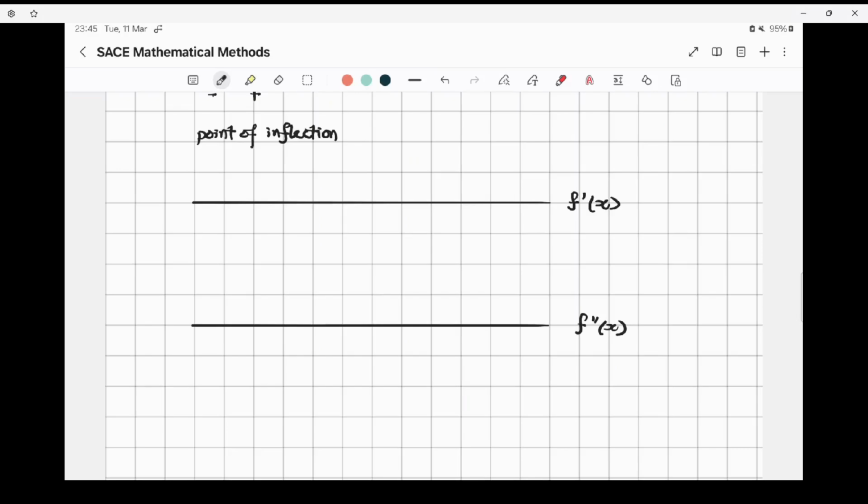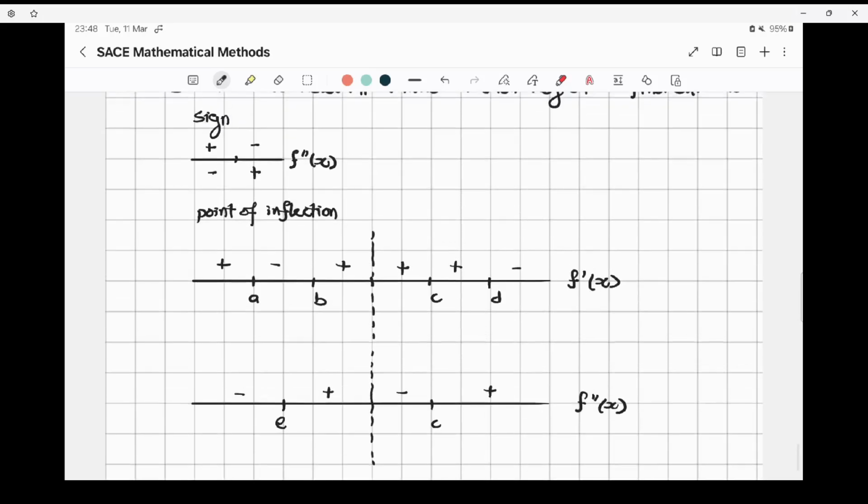So I need to just think a little bit how to illustrate all the possible points inside these two sign diagrams. Okay, if I do it correctly, the video should continue. So this is the example that I came up with.